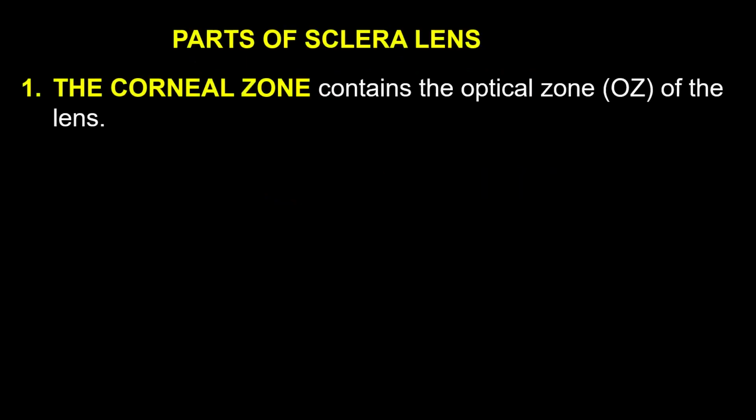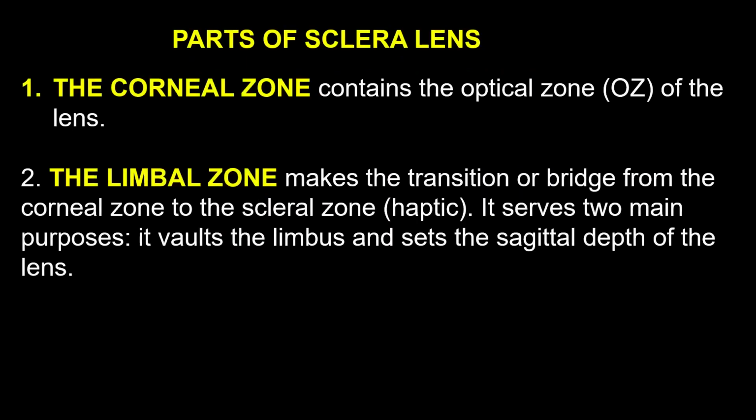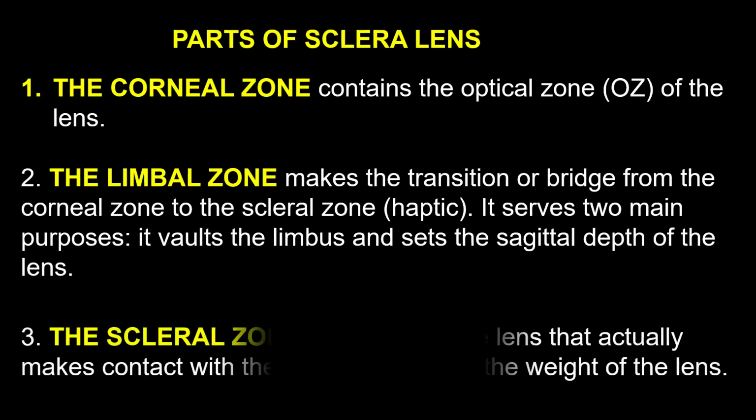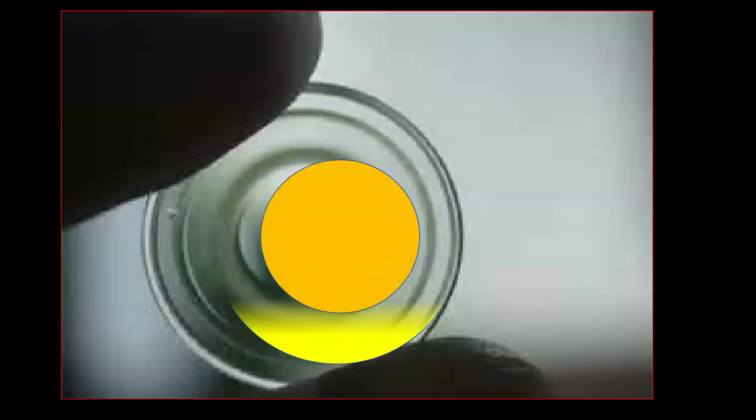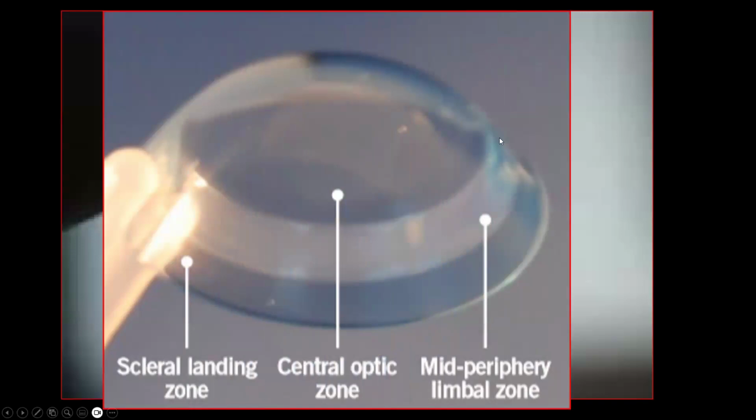I think I'll quickly run through this. So there are different designs, these different parts of the scleral lens design. You have the cornea zone, which you call the optic zone. The optic zone is the part covering the cornea. You have the limbal zone, which is the part that covers the limbus. You have the scleral zone. Let me remove this so you can have a better view. So this is the cornea zone.